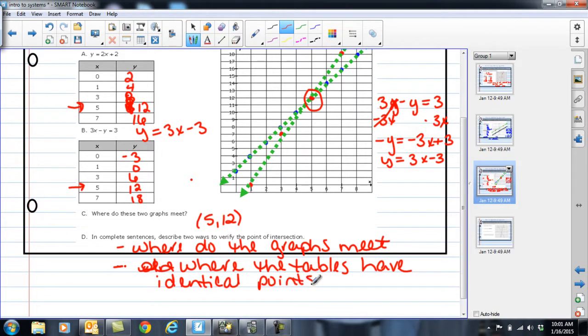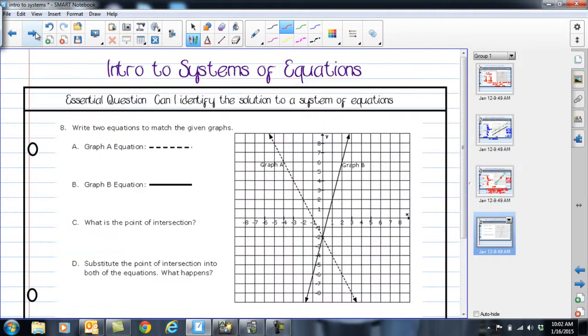And the third way we did on the very first page is to just plug in the point into the equation and see if it works. And we'll do a lot more of that next week, but for now, that's one way to verify it. So let's look at one more.